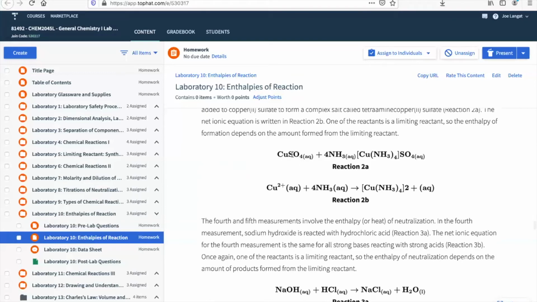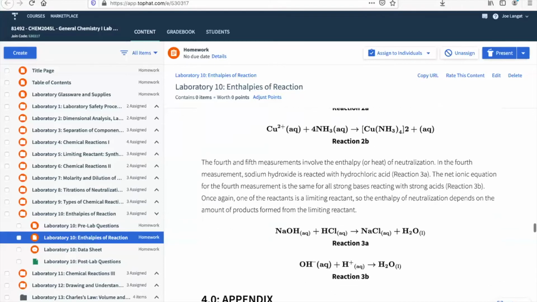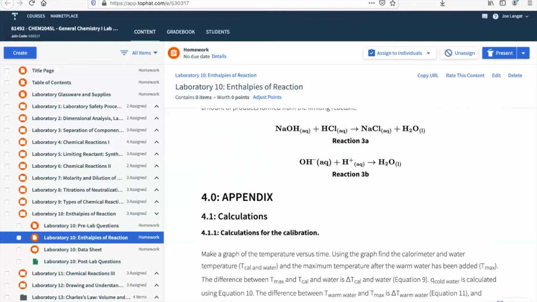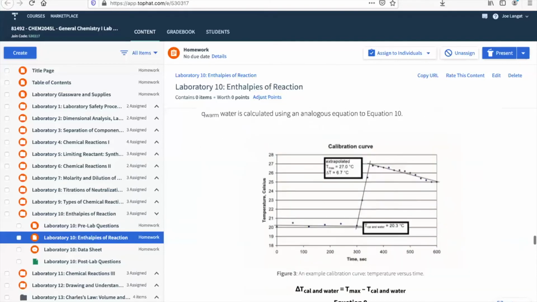This is called copper 2 sulfate and ammonia. It could be ammonium hydroxide. And this is reaction 2. Reaction 1, reaction 2. And you need to write the balanced equation.